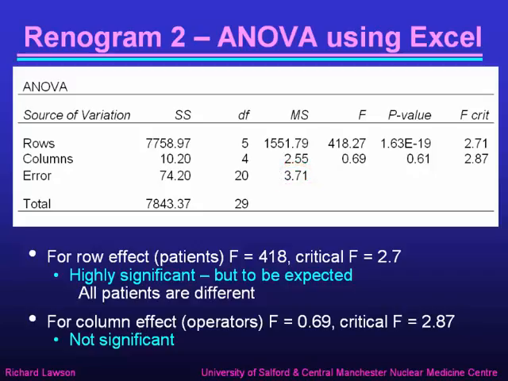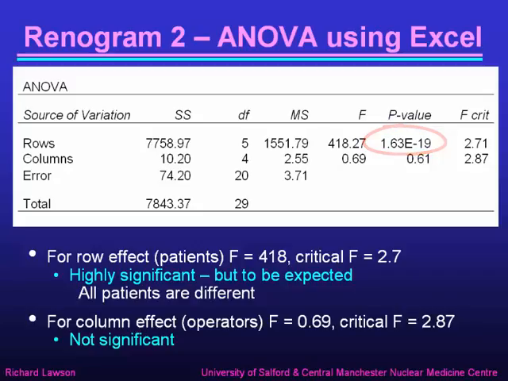So the row effect, which is the patients, has an F value of 418, which is very large compared with the critical value of 2.7. It far exceeds it, which means it is highly significant. The p-value of 1.6 e minus 19 means 1.6 times 10 to the minus 19, an incredibly small value, telling us that there is certainly a difference between all the patients.